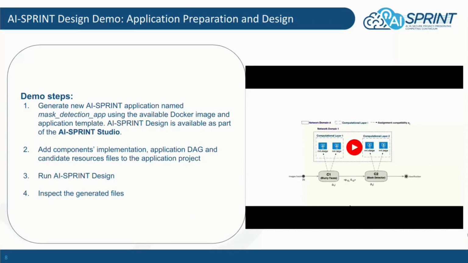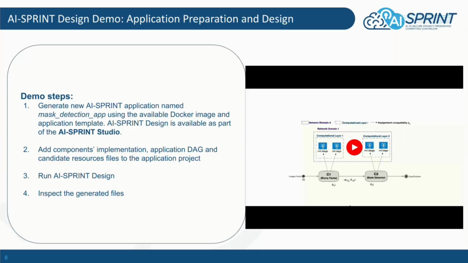Now, we are going to show the demo in which we demonstrate how to use the 𝗖𝗄𝗃 design tool. In particular, in the demo, we are going to generate a new 𝗖𝗄𝗃 application by using the 𝗖𝗄𝗃 Studio through the available Docker image and the application template. Then we provide an example application, that is the mask detection application, in order to showcase how to prepare the files for the 𝗖𝗄𝗃 design.